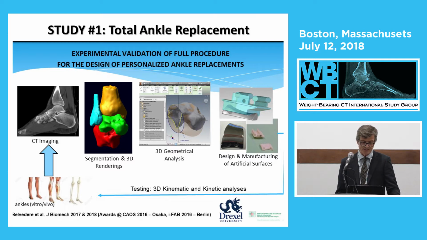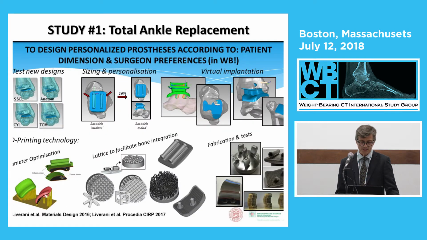We have taken scans from these, made models from the scans, and over these, we have designed a number of possible different solutions for the artificial articular surfaces. These were taken back onto the original ankles to compare and to show the results. A few preliminary results have been published already, and more will be shown in the future.